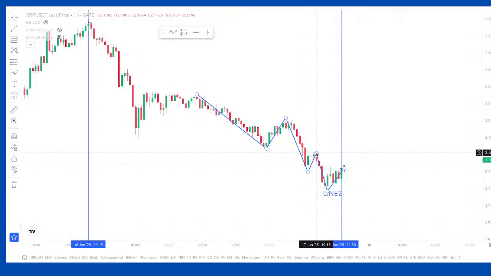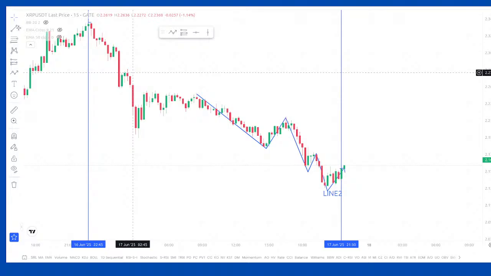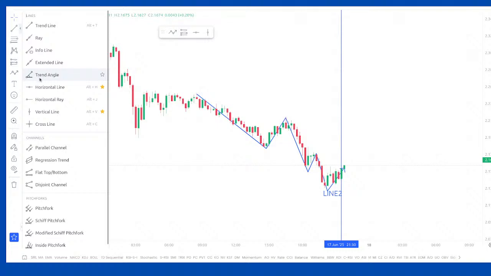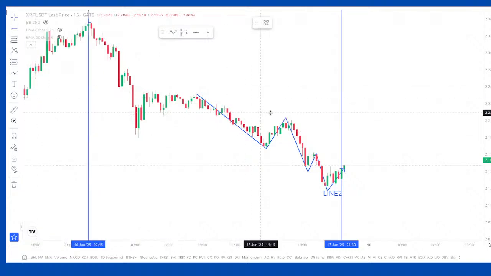Now let me say this point here. If you are on a downtrend, the previous resistance is on a higher point compared to the next resistance. Let me use a horizontal ray. You can see the point we had, this is actually the resistance. This is the initial resistance.